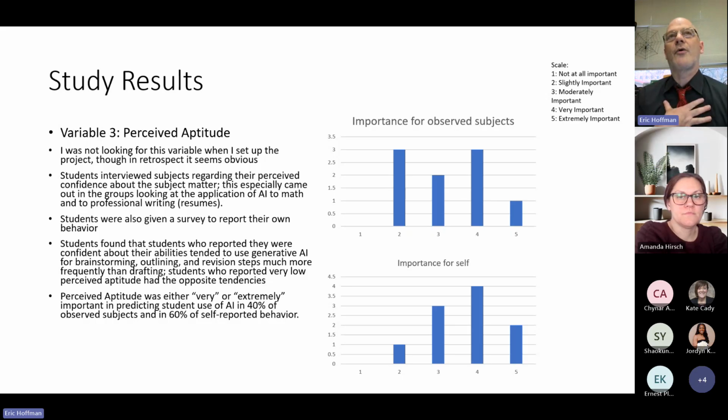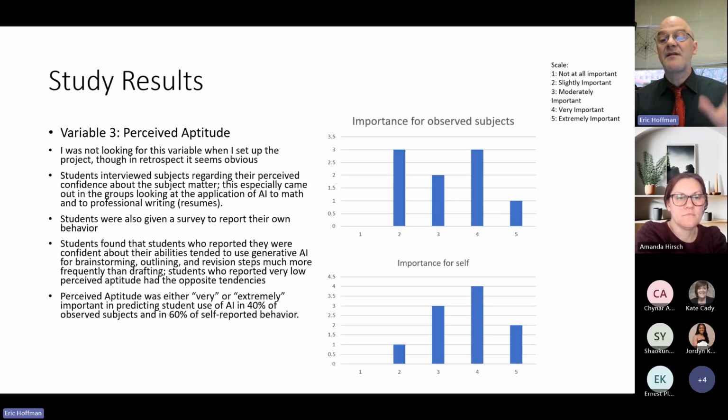So for our program, the inclusion of AI is yet one more way in which students express those feelings of panic and self-doubt by replacing their own work, which they feel is inadequate, with something to replace it, right? So here we can see the importance for the observed subjects.